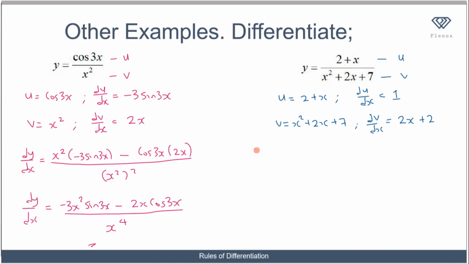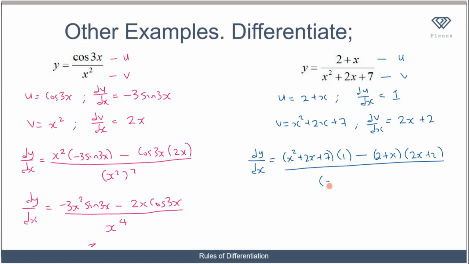So now I can apply the quotient rule. So it says dy over dx will be equal to v, in this case my v, which is the denominator, will be what? x squared plus 2x plus 7 times the derivative of the numerator, in this case it should be 1, then minus the numerator, which is 2 plus x, times the derivative of the denominator, which is what? 2x plus 2, then everything will be all over the denominator squared, or v squared, in this case x squared plus 2x plus 7 squared.